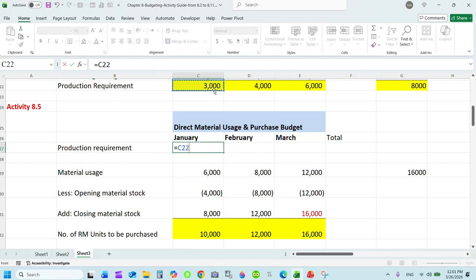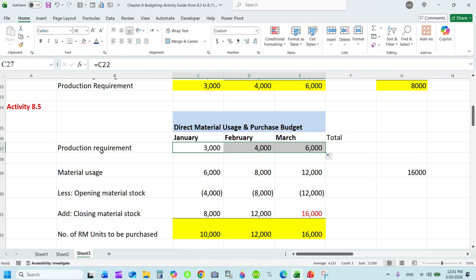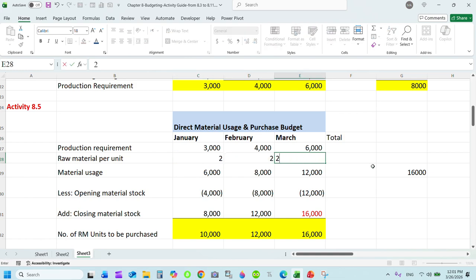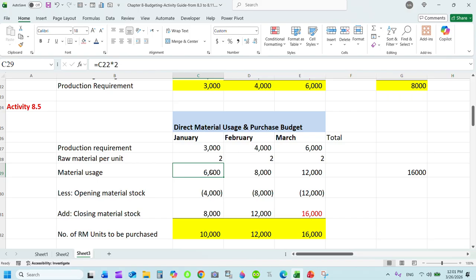Production requirement we got from this point. Raw material per unit, 2 kg, right? So accordingly, this is equal to this times this, right? So that's how we got it, right?